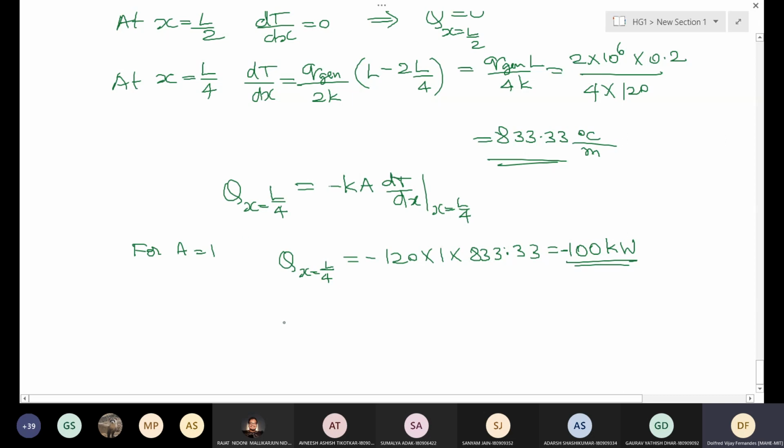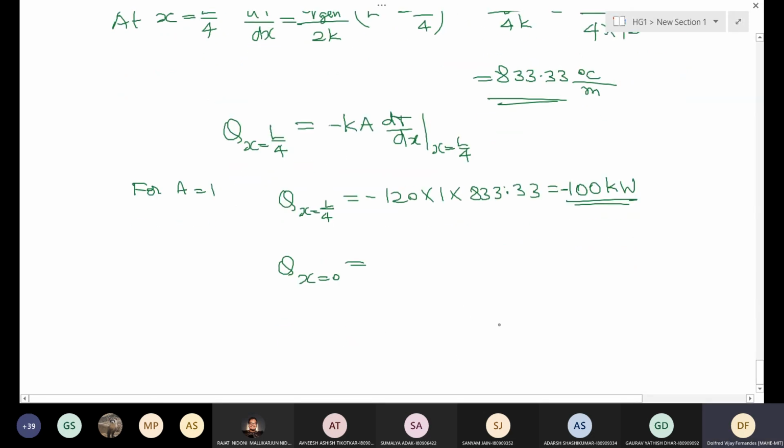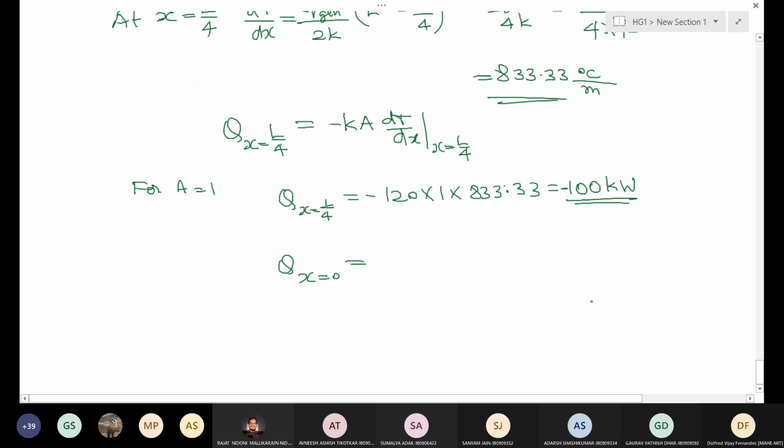So what is the value at x equal to 0? At the quarter, this is the amount, right? So you have to start from the middle of the wall, the rate of heat in the middle.